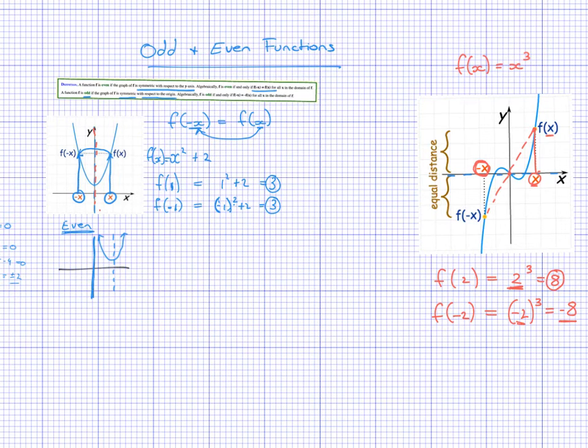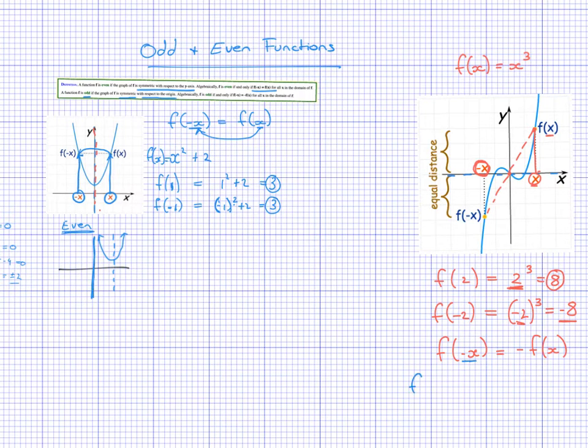All right. Now the notation they used to show this was that the input f of negative x is equal to the opposite of the entire output. All right, so let's put that into terms of what we just did here.